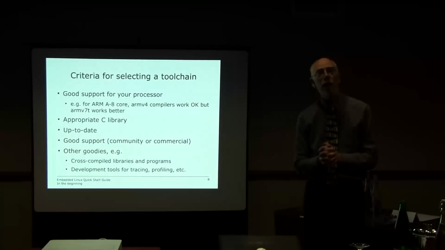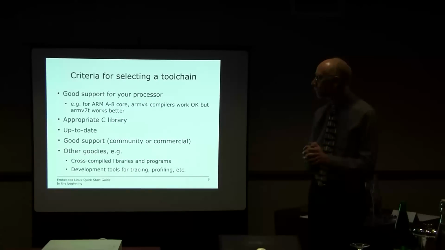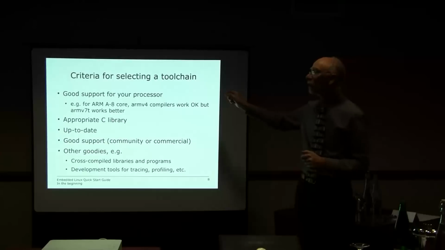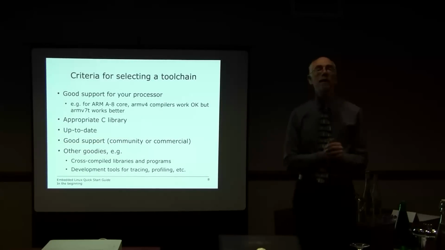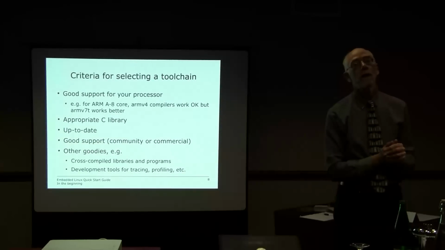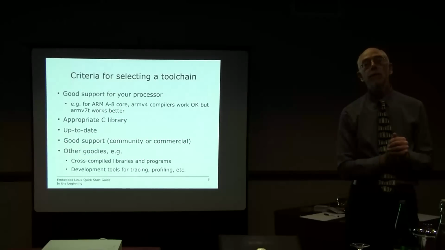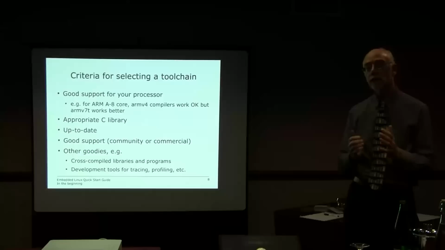What other criteria are there for selecting a toolchain? Well, the most fundamental thing, of course, is that it should support your processor. And not only should it support it, it should support it well.